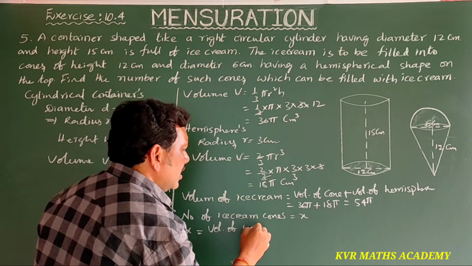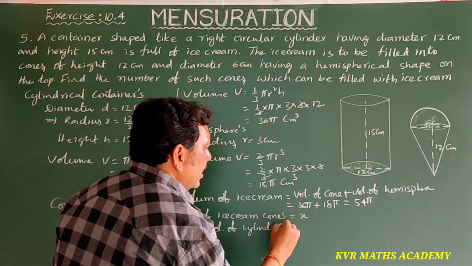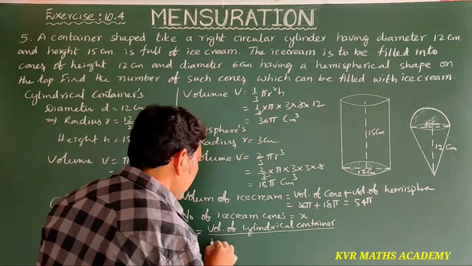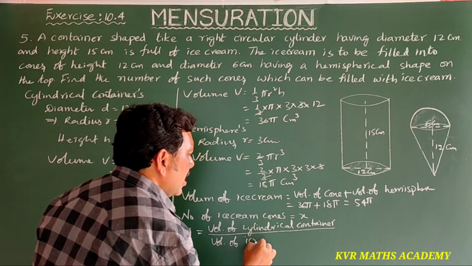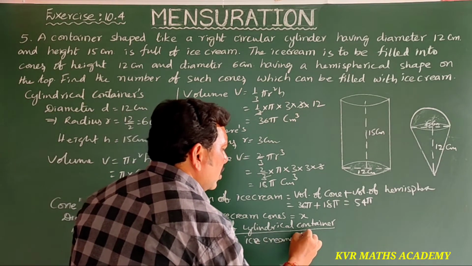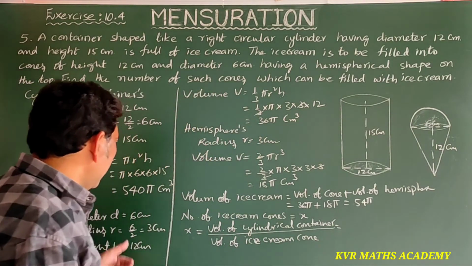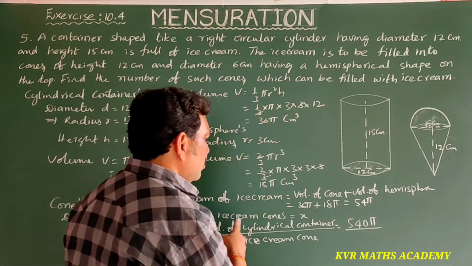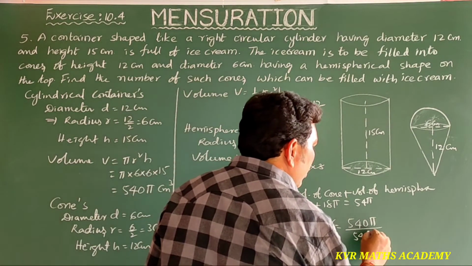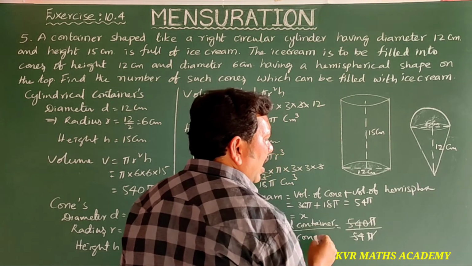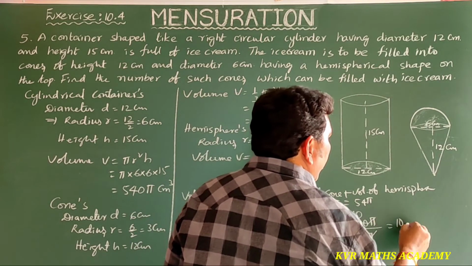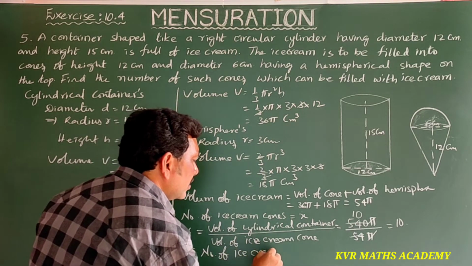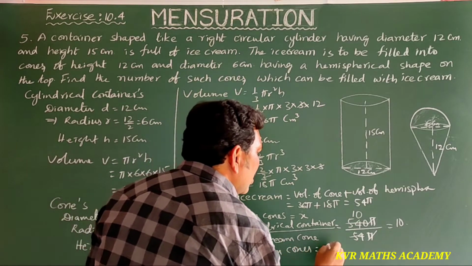Volume of the cylindrical container is 540 pi, divided by the volume of an ice cream cone, which is 54 pi. Pi gets cancelled. 54 in 540, 10 times, that is equal to 10. Therefore, the number of ice cream cones is equal to 10.